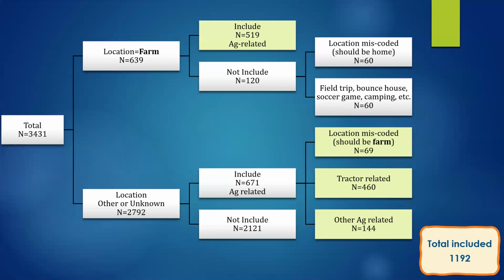And there were an additional 144 agriculture-related injuries identified by either agriculture-related product codes or farm animal-related keyword search. So our final data set included a total of 1,192 cases for the study years from 2015 to 2019.